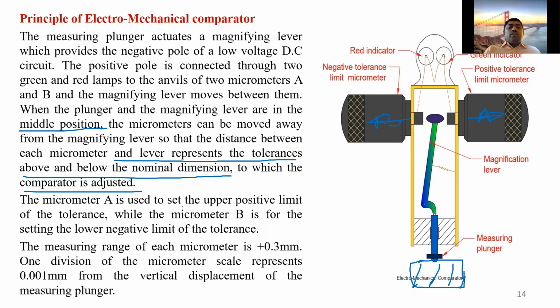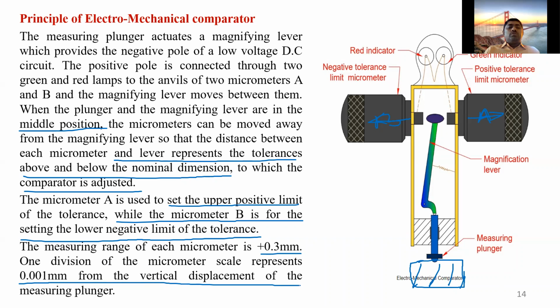Micrometer A is used to set the upper positive limit of the tolerance, while micrometer B is for setting the lower negative limit. The measuring range of each micrometer is plus or minus 0.3 mm, and one division of the micrometer scale represents 0.001 mm of vertical displacement of the measuring plunger.